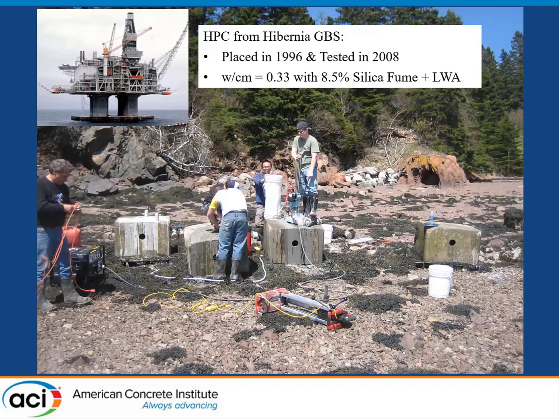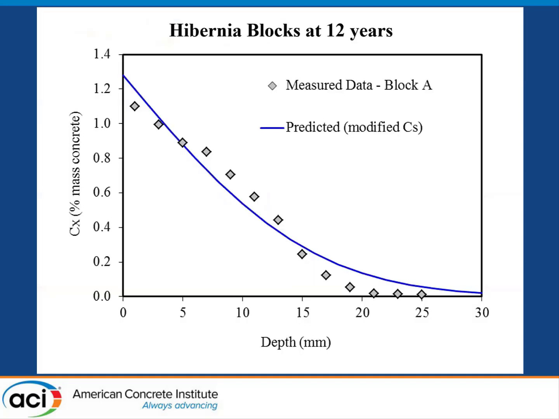So a typical high performance concrete mix, 0.33 water cement to materials ratio, 8.5% silica fume. And in this case, a lightweight aggregate. And what we found with a lightweight aggregate is when we did the prediction, Life-365 would normally push that surface concentration through at 1% for a tidal zone.